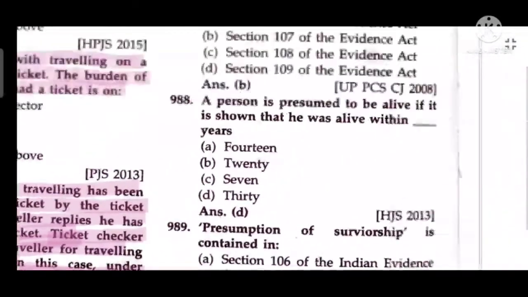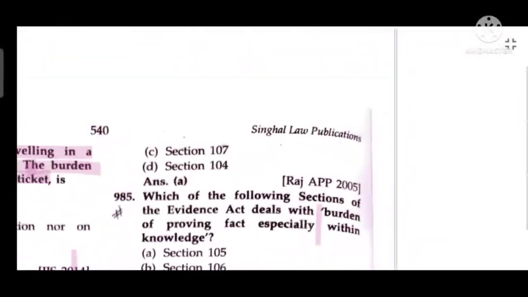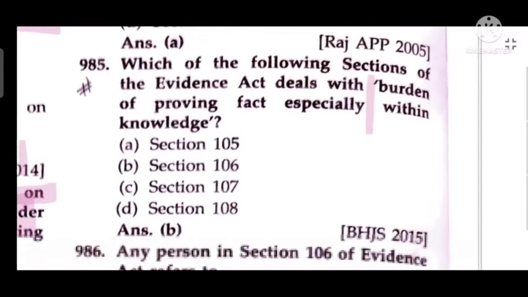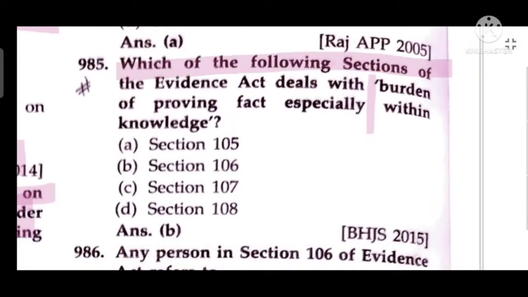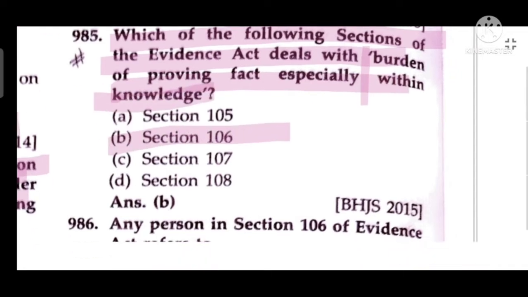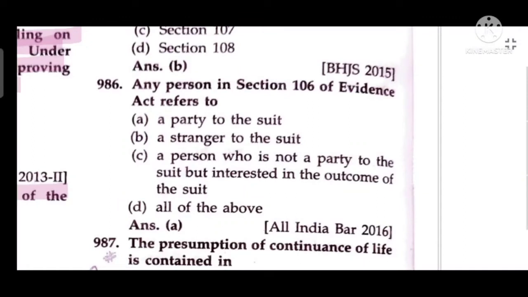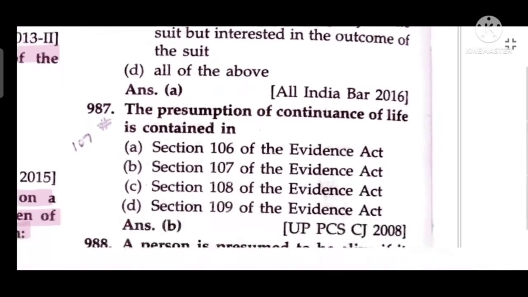Section 106. Which section of the Indian Evidence Act deals with the burden of proving a fact especially within knowledge? Section 106. Any person in Section 106 of the Indian Evidence Act refers to a party to the suit.